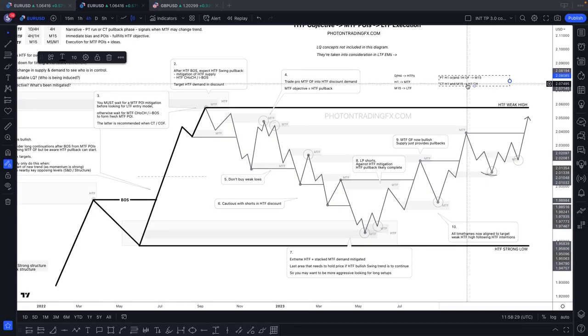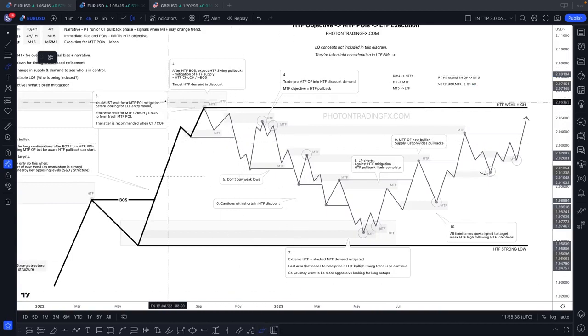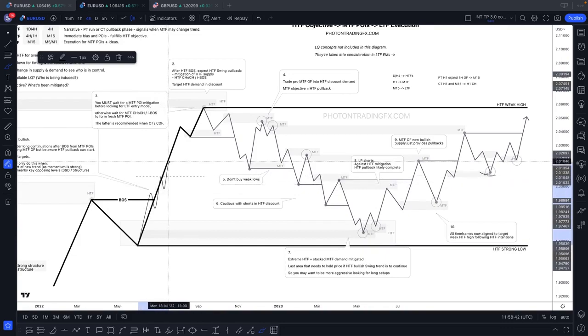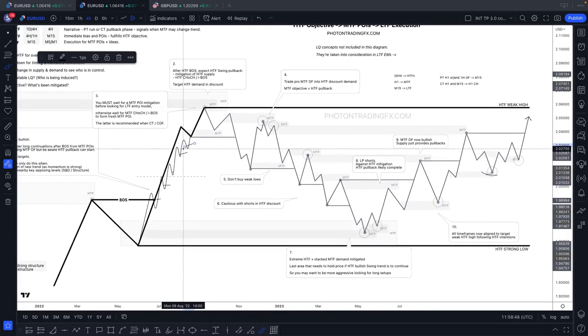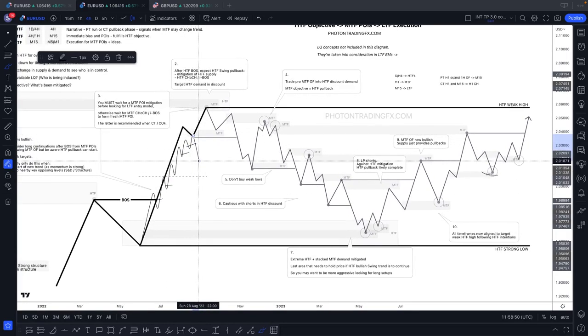Think with me. In an entire move, where price is going up with these legs, you have probably 1, 2, 3, 4, 5 continuations that play out and one that doesn't.